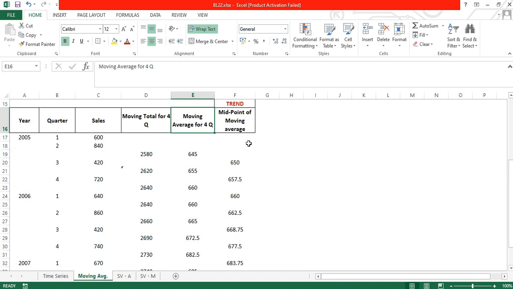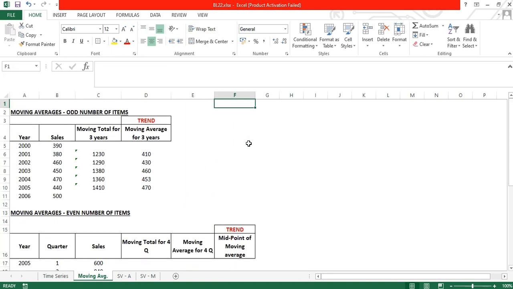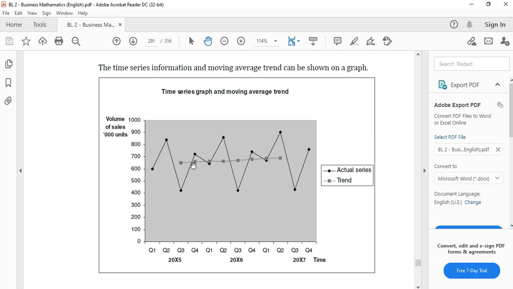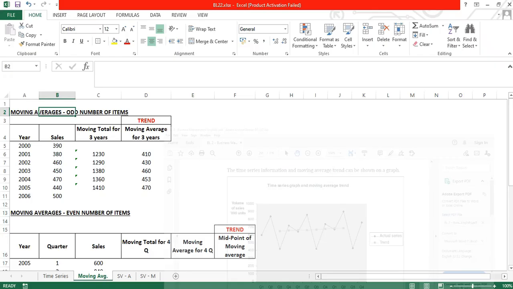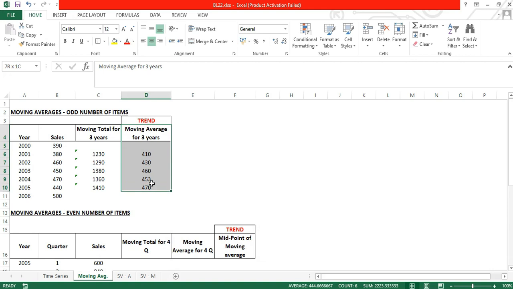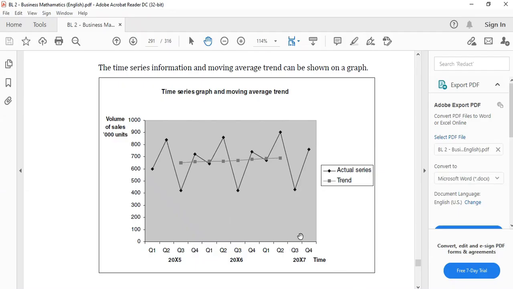Okay. Now, when it comes to an odd number moving average, the trend line will consider the points displayed in this column: 410, 430, 460. These only will be plotted by this square symbolized line, the trend line.